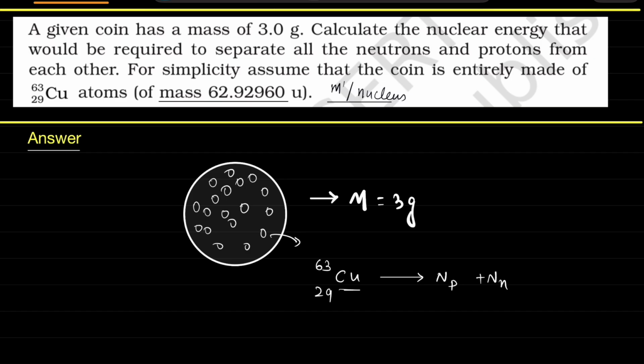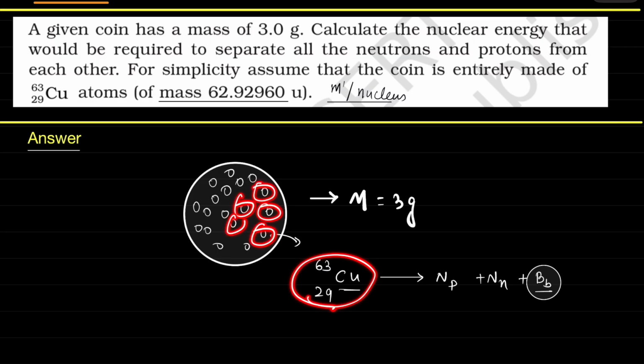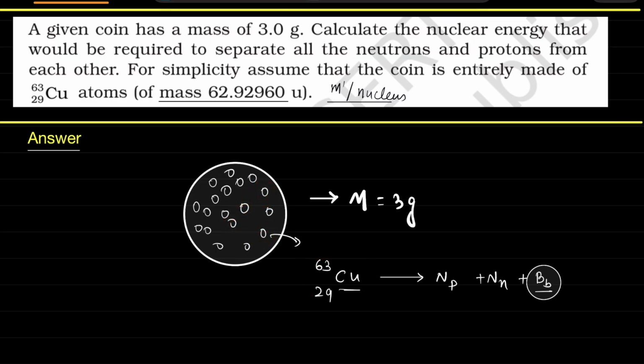So the energy that is coming out is our binding energy. So we need to find the binding energy for each atom, or you can say binding energy per nucleus. But in the question, we have to find the binding energy for the complete coin, not only for one atom. We have to find the total binding energy of all the atoms. So what are we going to do?